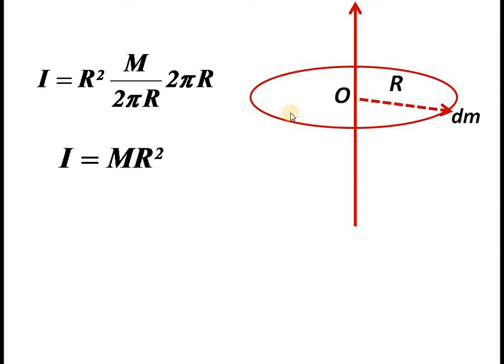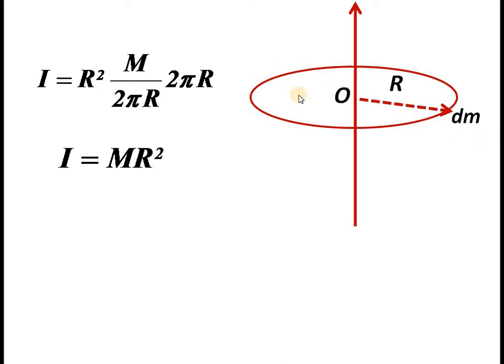So this is the moment of inertia of the ring where the axis is perpendicular to the plane of the ring. But often this may not be the case. Perhaps your axis of rotation may be horizontal, along this direction or along this direction.